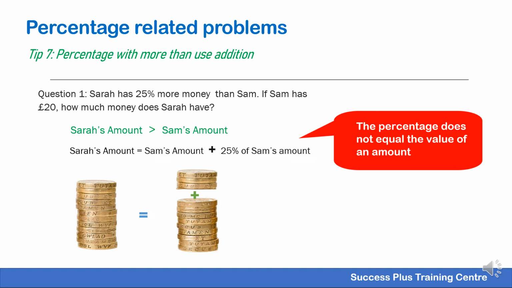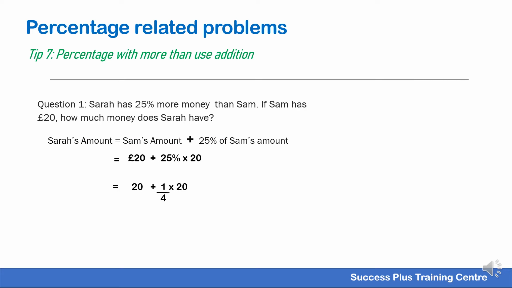Based on the first part of these videos, the percentage does not equal the value of an amount. So we need to convert that percentage into a value. So we agree that Sarah's amount equals Sam's amount plus 25% of Sam's amount. Sam's amount equals £20. 25% of Sam's amount equals 25% times 20.